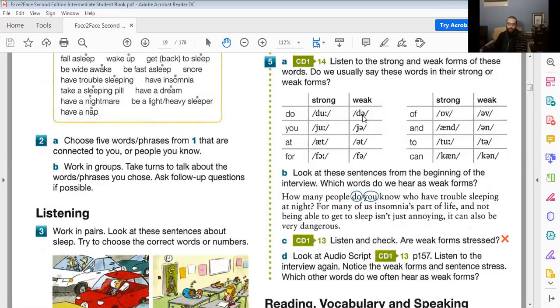So any syllable with schwa is never stressed. So look at the audio script. Listen to the interview again. Notice the weak forms and sentence stress. Which other words do we often hear as weak forms? Can you think of other words which we hear as weak forms? I think we missed a few others.